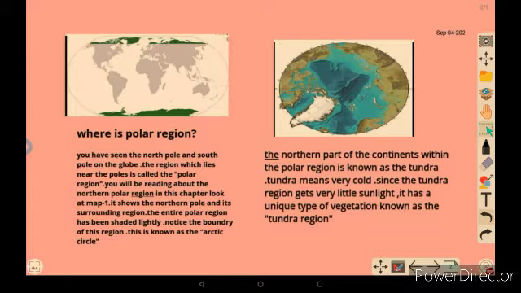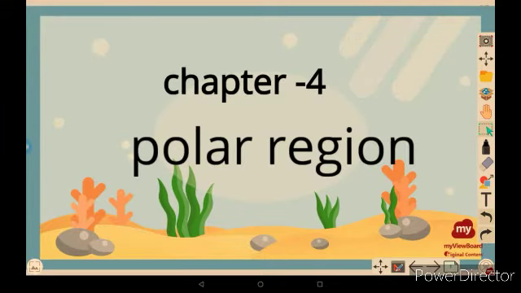Firstly, we are going to learn about the polar region. This word is heard many times in our 6th to 8th classes. In this 8th standard we are going to learn about the whole polar region. First let's quickly conclude what the polar region is and where it is situated.